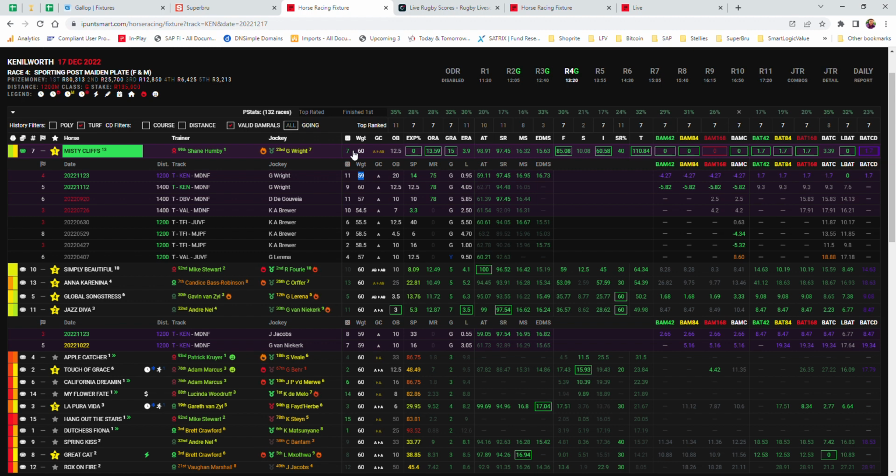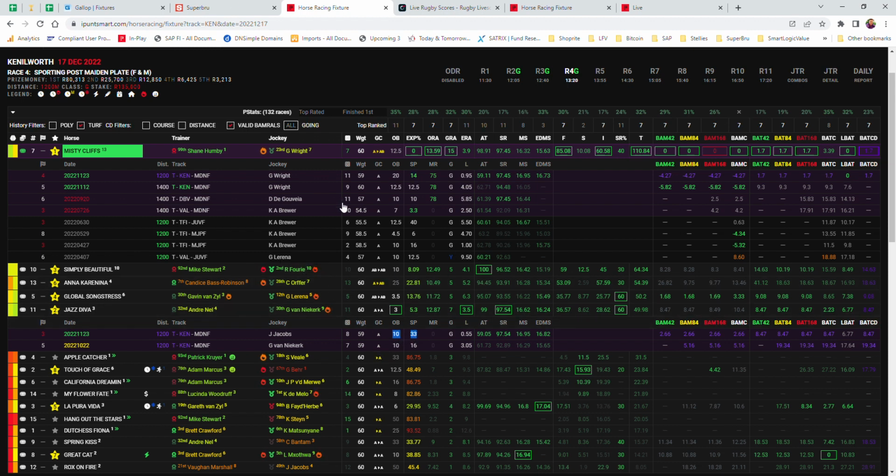The other thing is also the fact that Mystic Cliffs has blinkers fitted for the first time. That's showing some more intentions there. And on top of that, it was backed in from 20 to 1 into 14 to 1 the previous race, where nothing was expected of Jazz Diva because it opened at 10 to 1 and drifted to 33 to 1 in the same race.